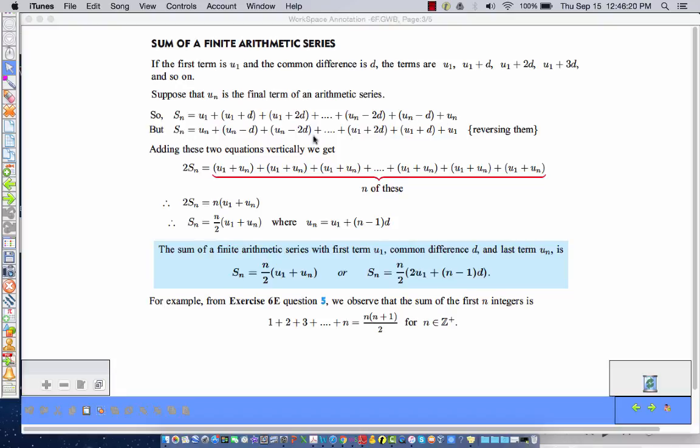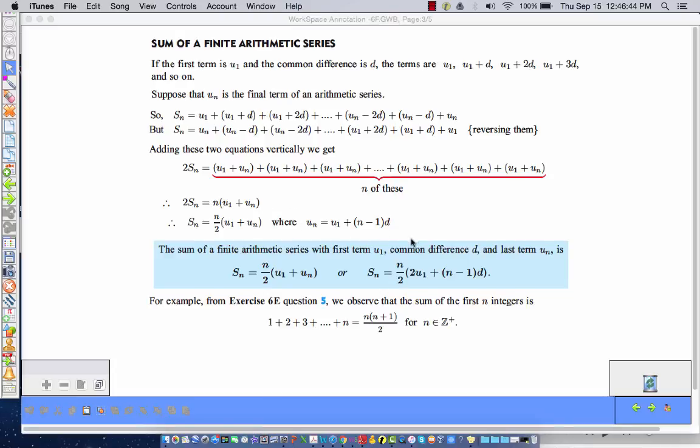If I reverse them and then do some algebra, I can get twice the series, which is the sum of the sequence terms, equal to n times u sub 1 plus u sub n, and I get this general formula for the sum of an arithmetic series.